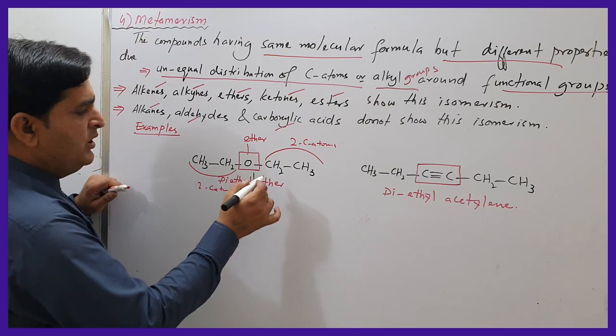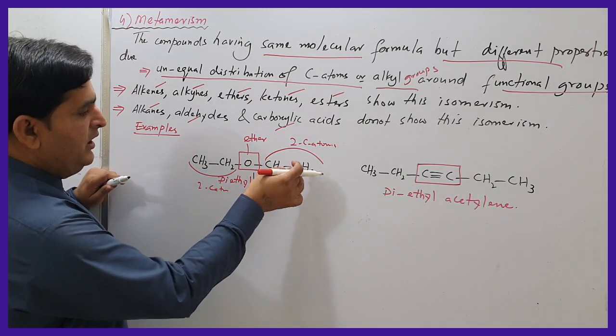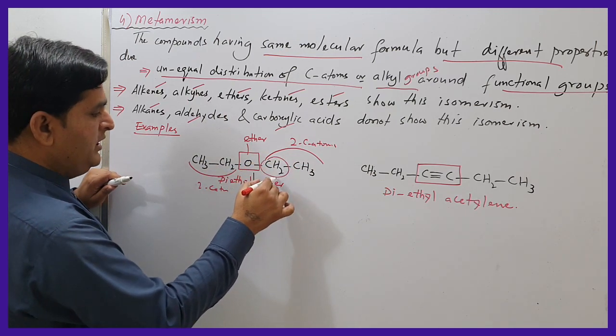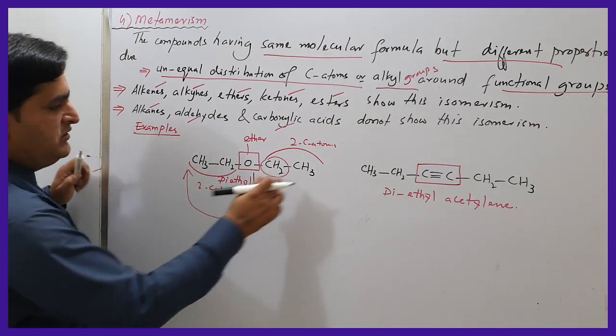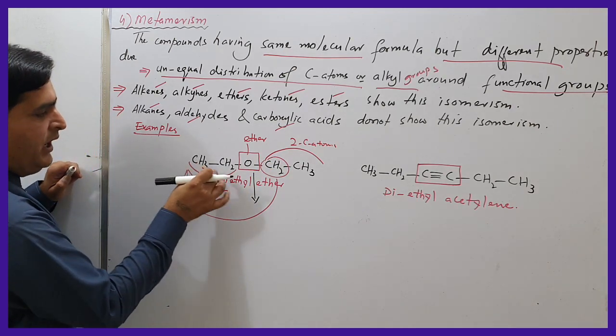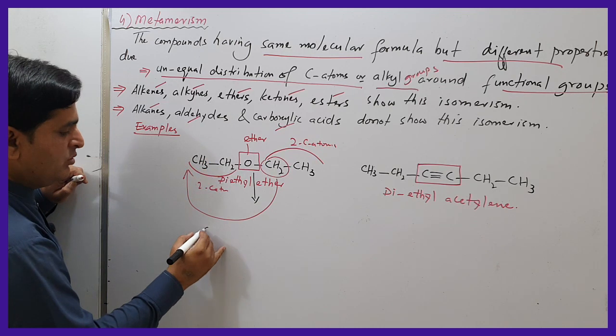We have to skip 1 carbon from either side. I'm going to move this CH2 group from here to here. So this ethyl becomes methyl as one methylene group is transferred, and this ethyl becomes propyl as one CH2 is added here.